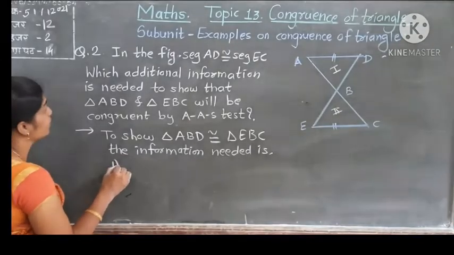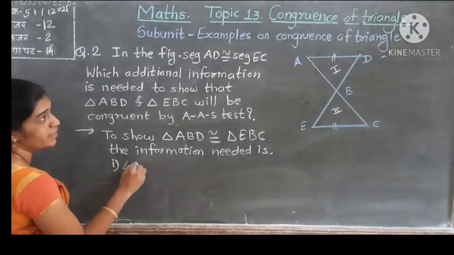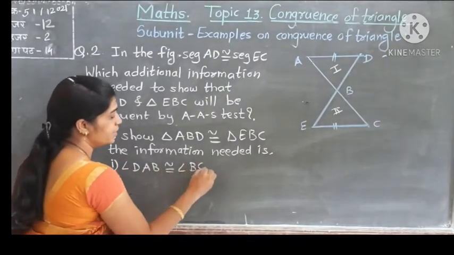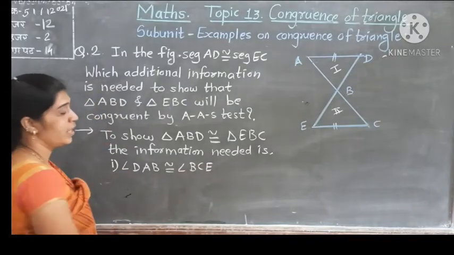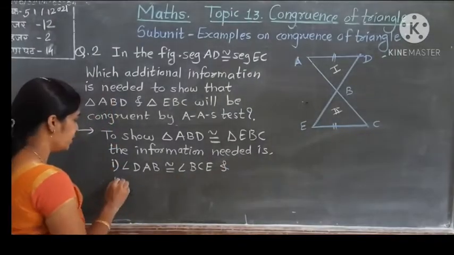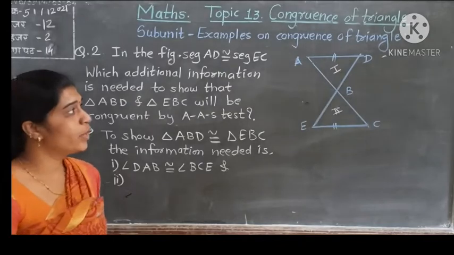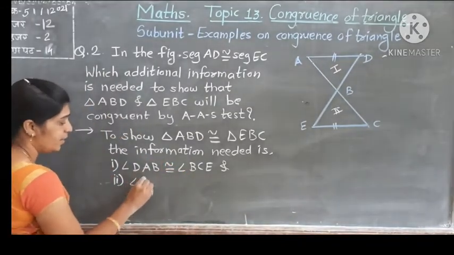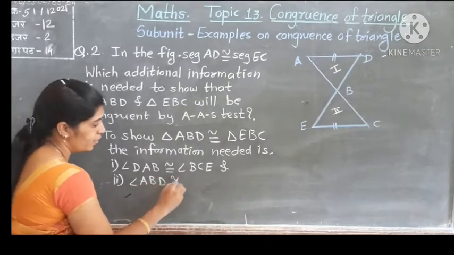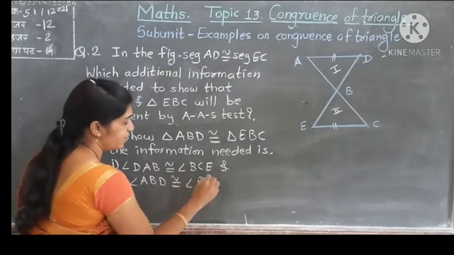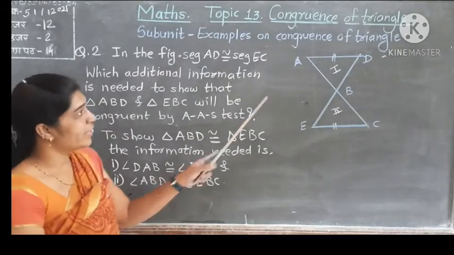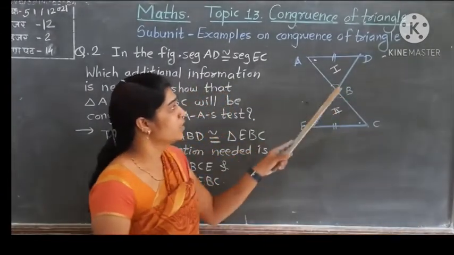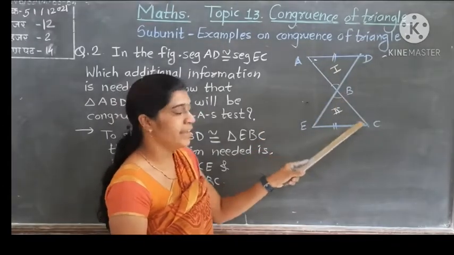First, angle DAB congruent to angle BCE, and for the second one, which angle do we need? Angle ABD congruent to angle EBC. We take this angle, observe this angle, and these are opposite angles. So this is the AAS test.